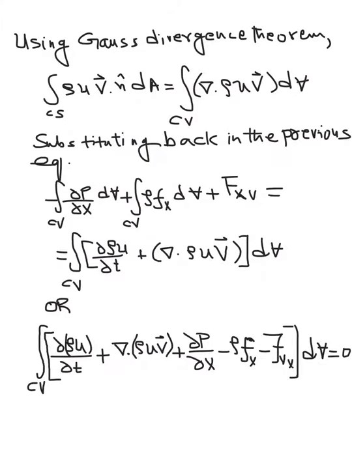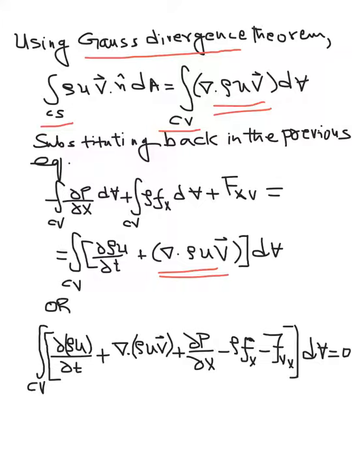After transforming this term from the control surface onto the control volume with the help of the Gauss divergence theorem, I have substituted back this term in here and taken this integral common. So that is the previous equation that I have. Further simplification, putting all those terms on one side, has provided me this form.